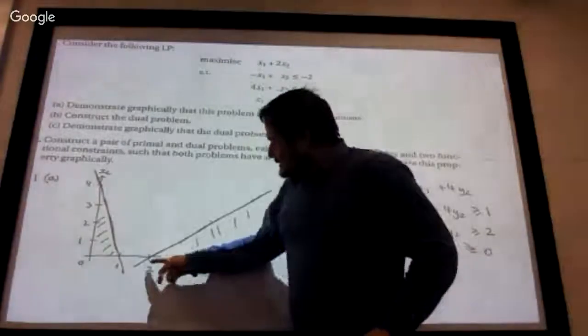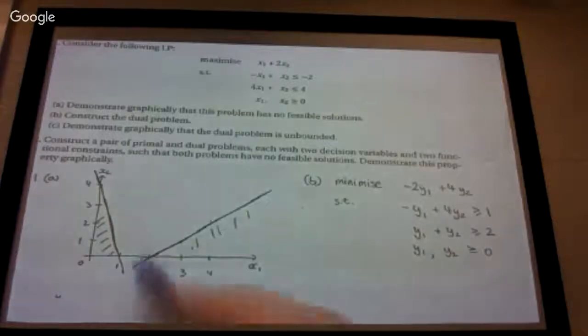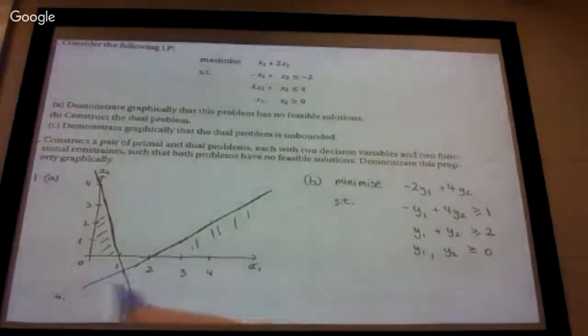So where they intersect, you would see, I didn't draw it, but here you'd get the intersection, but they're all negative in X2, so there are really no feasible solutions. Does that look like yours?